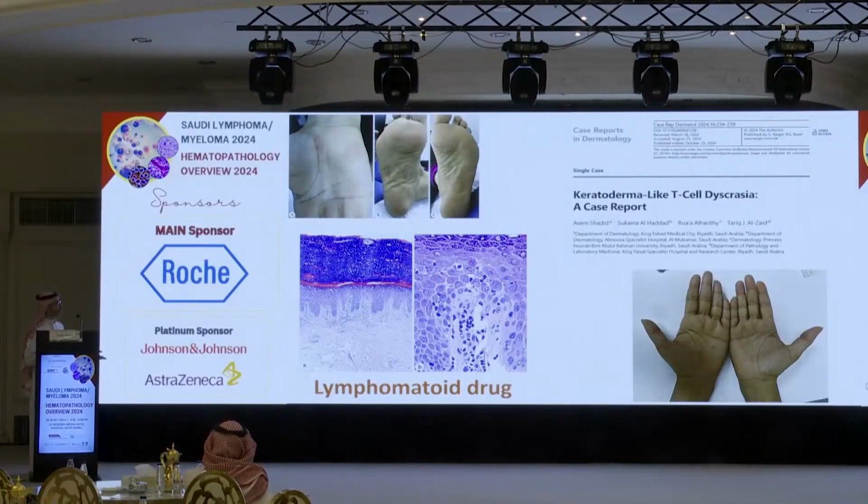So after the biopsy, suspecting that the statin was the inducing drug, they gave steroid and stopped the medication. And this is 6 months after stopping medication: the lesion resolved. The other scenario is that this could be called mycosis fungoides, and the patient would continue taking the medication and receiving treatment for mycosis fungoides. So there is a big difference.